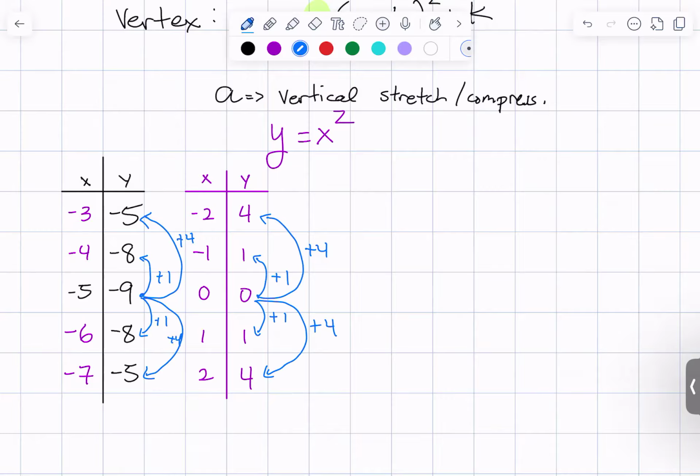When my a value is 1, we can do this. And granted, my x values are all separated by 1 unit: -2, -1, 0, 1, 2, and -3, -4, -5, -6, -7. They're all just 1 unit apart.